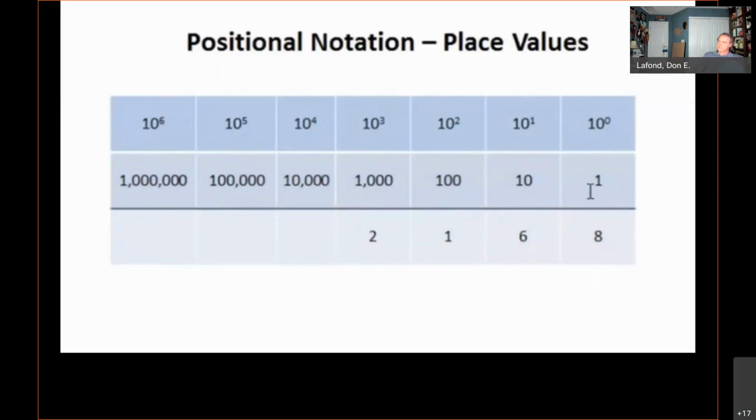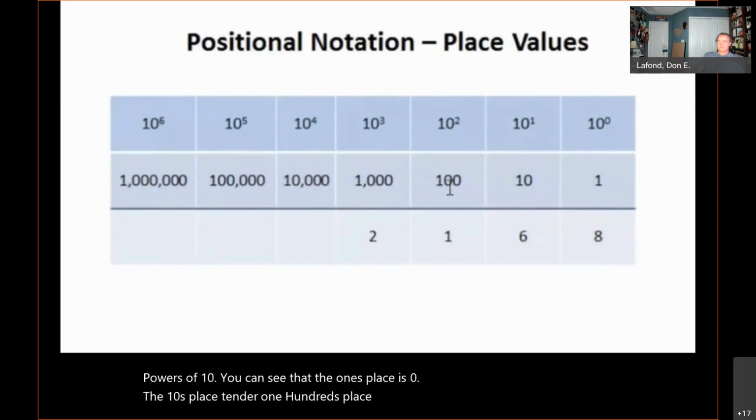The ones place is 10 to the 0, the tens place 10 to the 1, the hundreds place 10 to the 2, or 10 times 10, which is 100. The thousands place is 10 to the 3, or 10 times 10 times 10, and so on and so forth. So the place values are based on powers of 10.